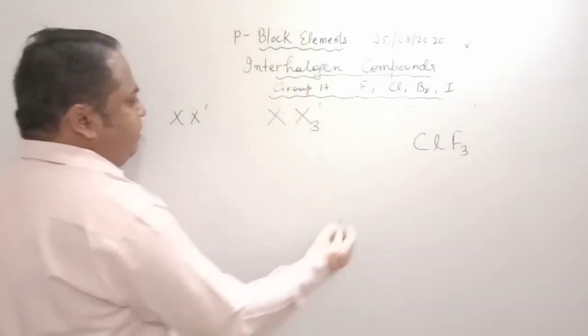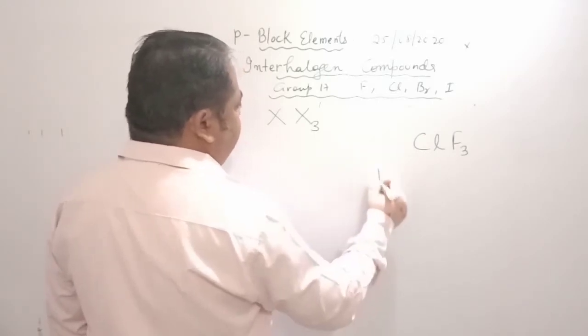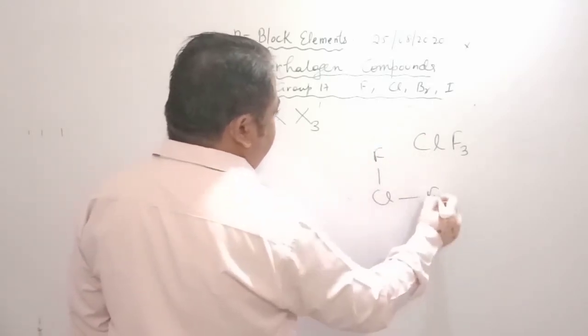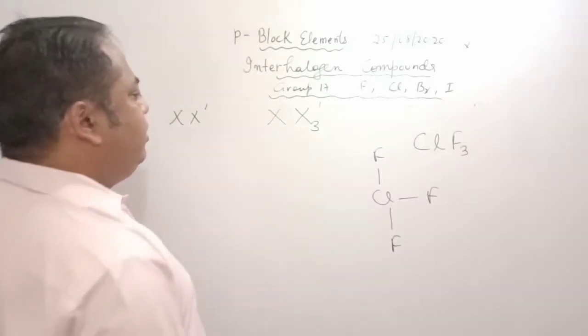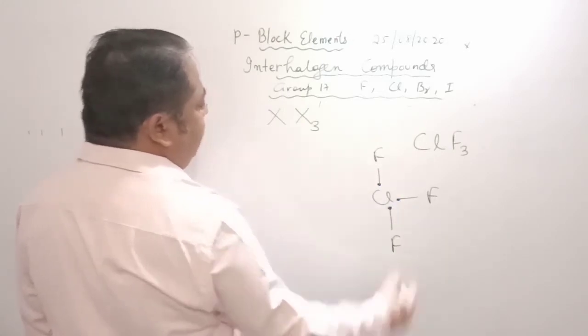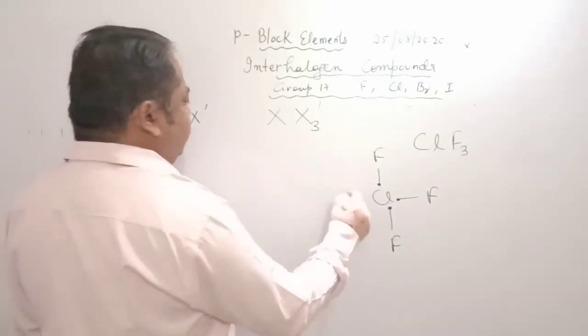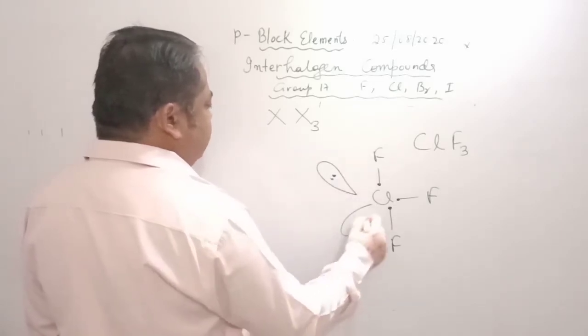So in this case, what is happening? Chlorine is forming bonds with 3 fluorines. So 3 electrons of its valence shell are consumed. How many more are left? 4 are left. So 4 will form 2 pairs because electrons like to stay in pairs.